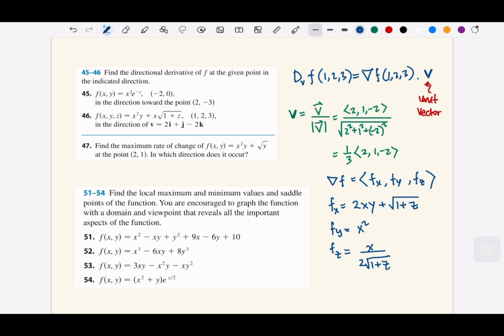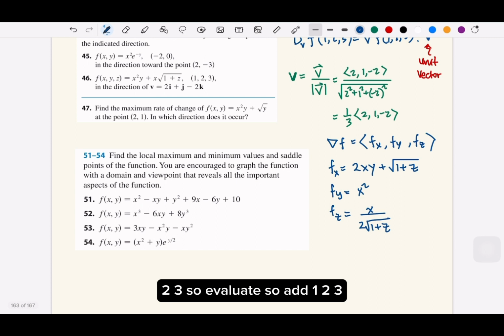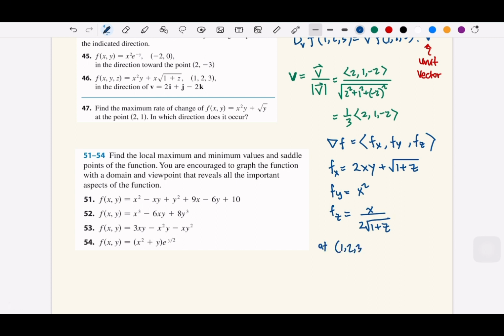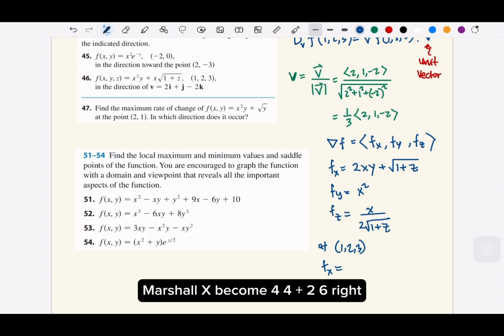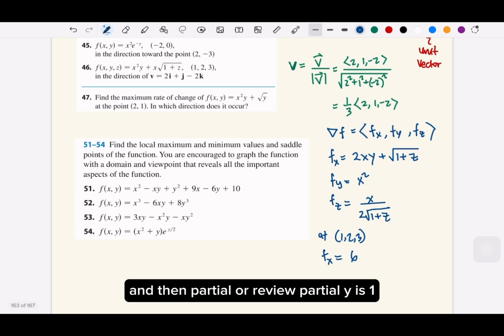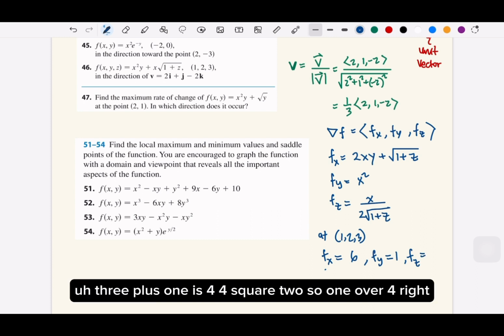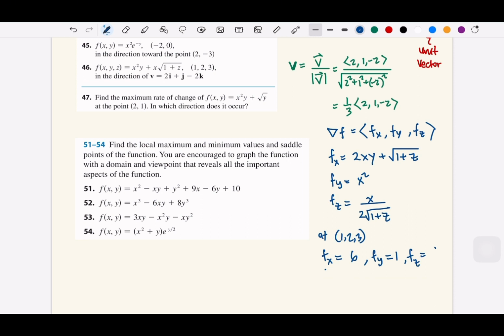So we have everything, and we need to evaluate at (1, 2, 3). So evaluating at (1, 2, 3), partial x becomes 4 plus 2, which is 6, right? And then partial y is 1, and partial z is 1 over 4, since 3 plus 1 is 4, square root is 2, so 1 over 4, right?